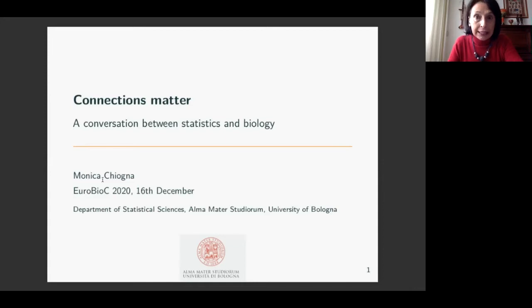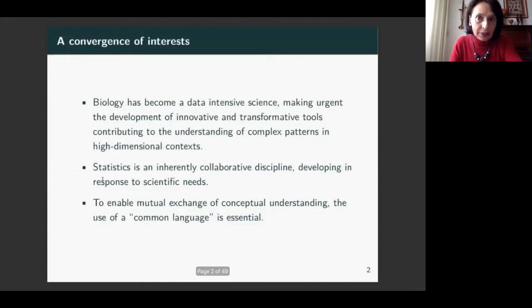There is a mutual interest for the two disciplines to get in touch because biology nowadays has become a data-intensive science, pushing for the development of data analysis tools capable to improve understanding of complex biological processes, which are nowadays measured at a high dimensional level.